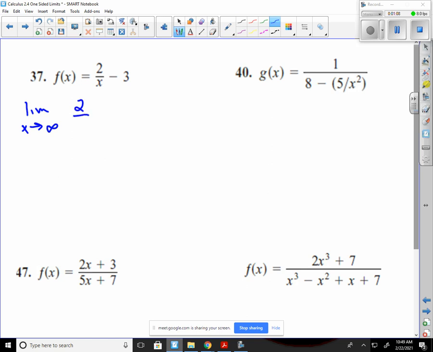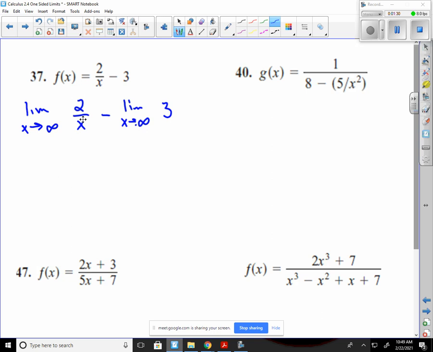The limit as x approaches infinity of 2 over x minus the limit as x approaches infinity of 3. Now, my limit as x approaches infinity of 2 over x.